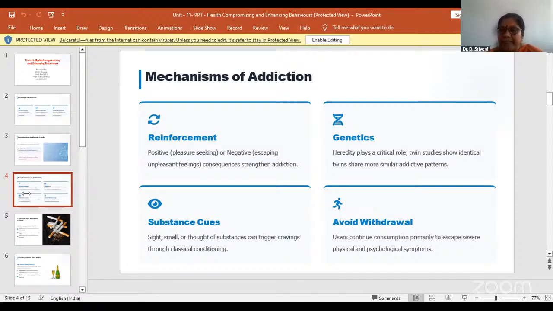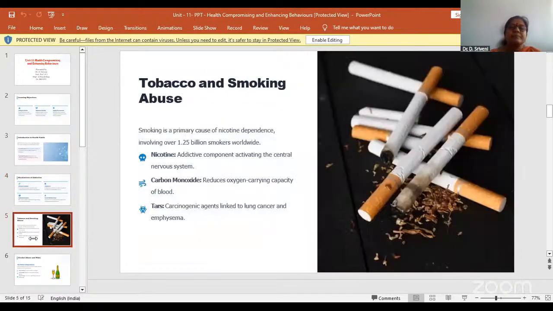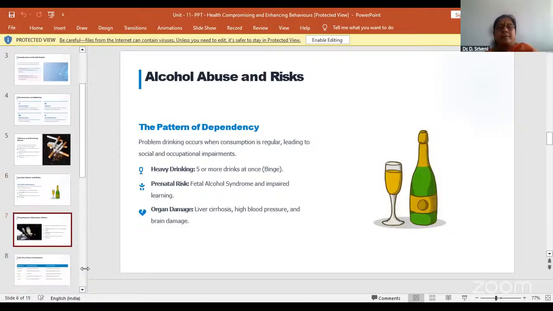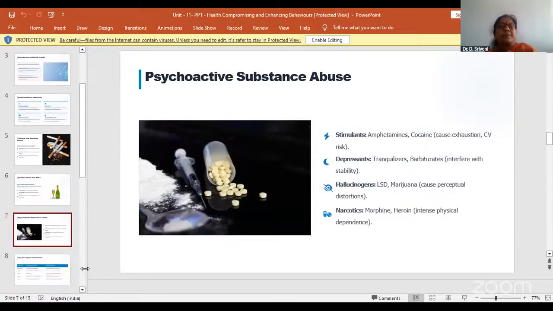Some key examples of compromising behavior: several specific behaviors are identified as major contributors to declining health, like poor nutritional habits, alcohol, smoking, and substance abuse.